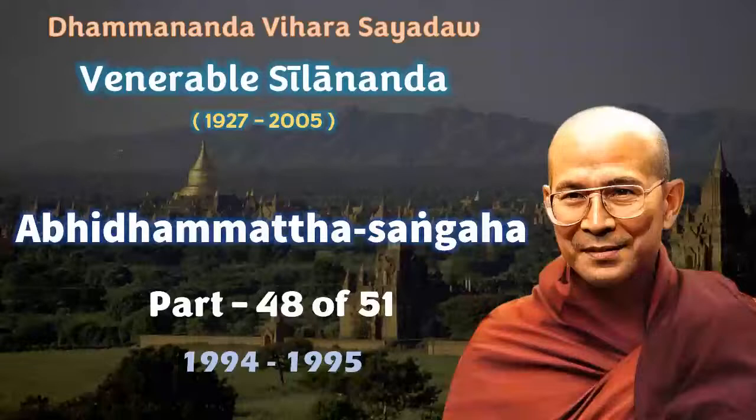Next, in order to get rid of avijja, you practice meditation and you get jhana. So in that case, avijja is a condition for rupavajra jhana by way of decisive support. And then you are blinded by avijja.